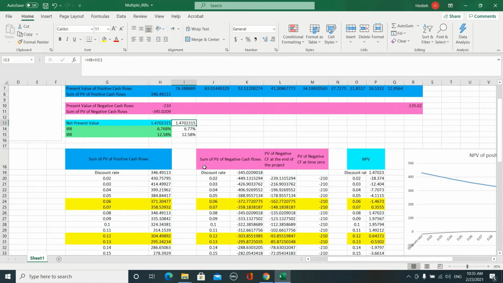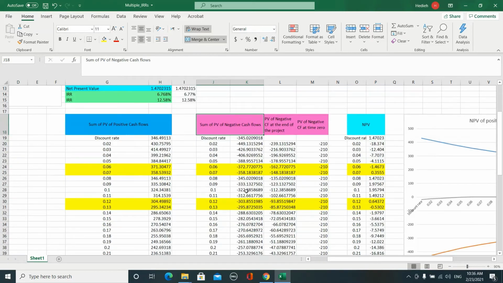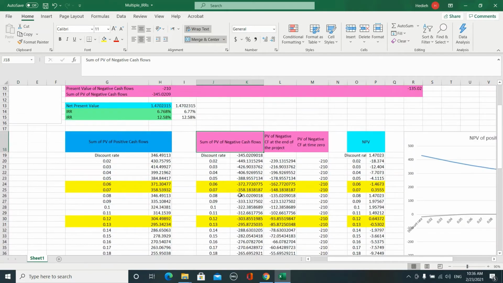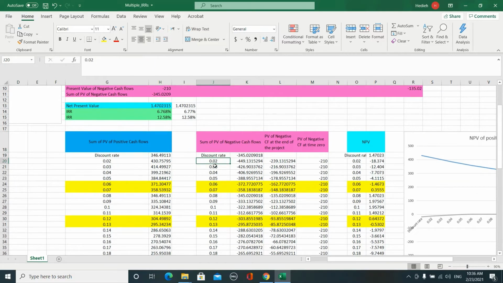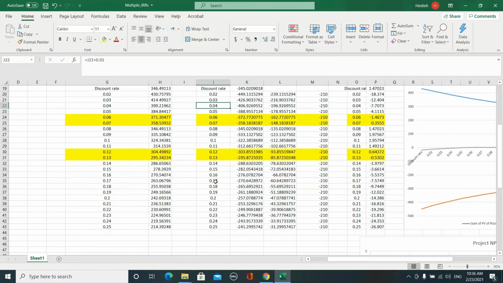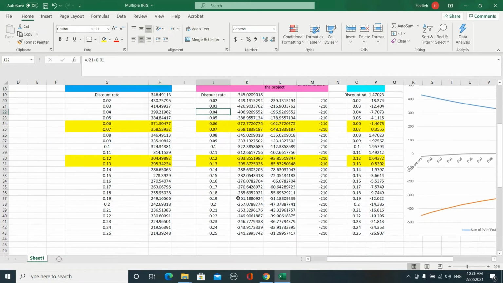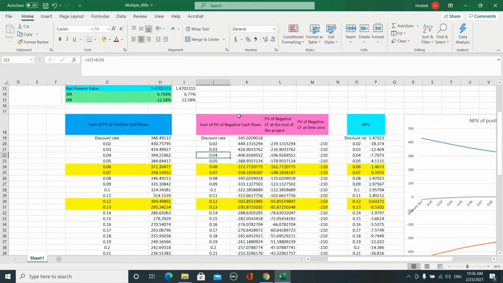In the second table, I calculate present value of negative cash flows for different interest rates. So instead of, for example, 8%, I use interest rates of 2%, 3%, 4% up to 25%. In the second table, I consider two other columns. In the last column that you can see, I consider the present value of negative cash flow at time 0.